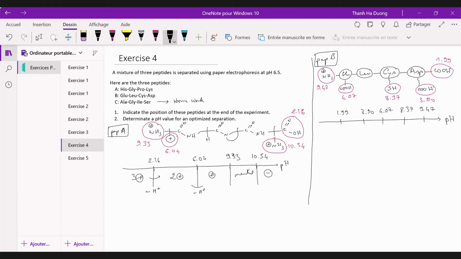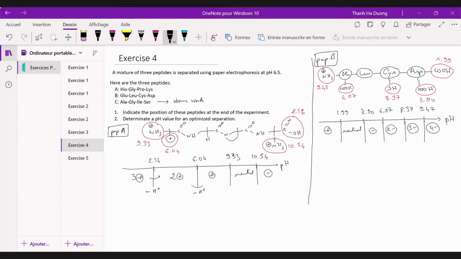At the beginning, at low pH, I have only the amine group which is positively charged. So I have 1 plus here. So it would be neutral in this region, and after that minus, 2 minus, 3 minus, and 4 minus.